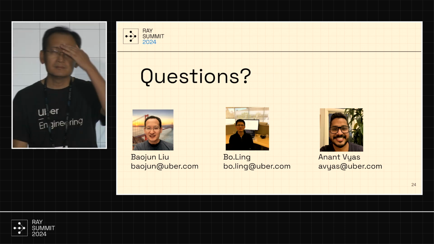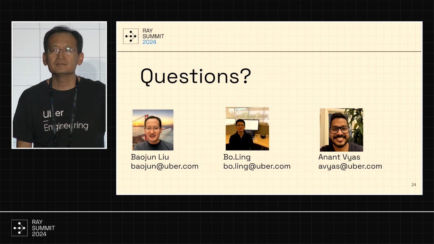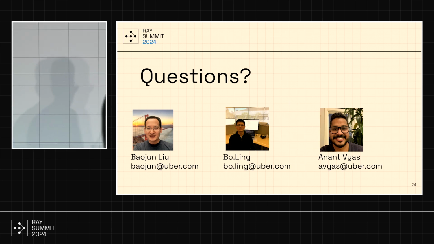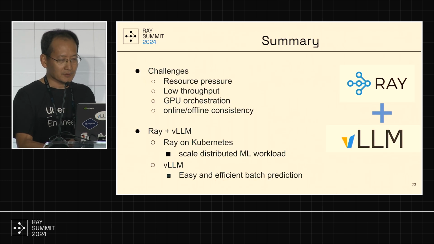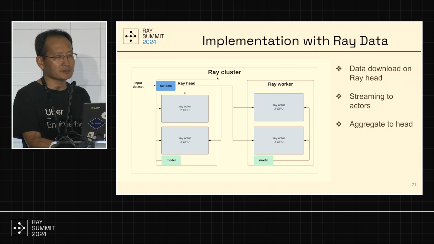Hello. I probably missed the reason, but why do you want to use the Ray head node to download the data instead of Ray? Because it might crash the head node easily, right? You mean here? Yeah, here. I think this is the Ray Data part.